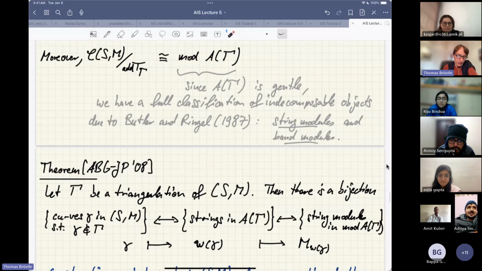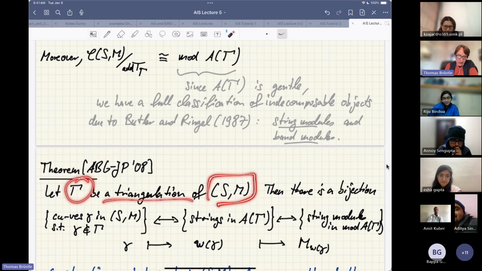So this is what we then try to establish: when we have a triangulation of the surface, then there really is a bijection.